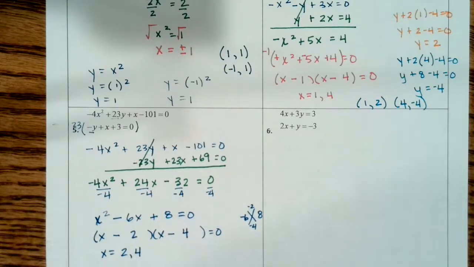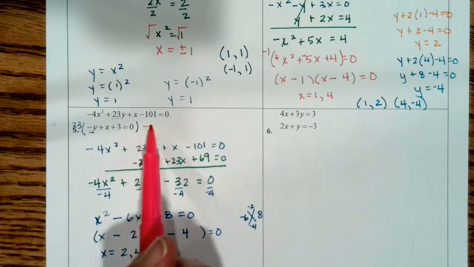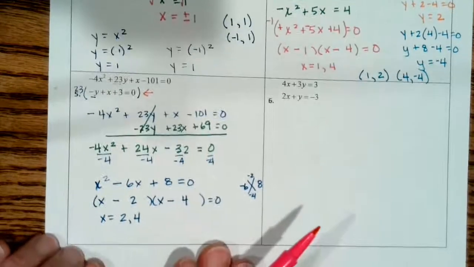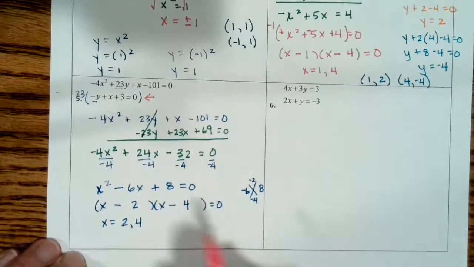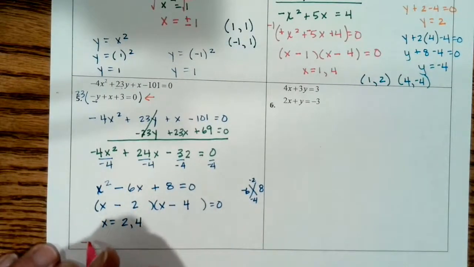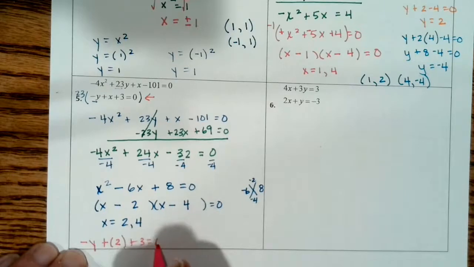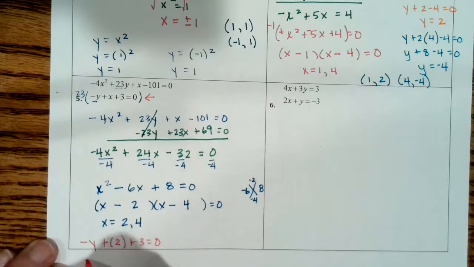When I substitute back in, I think I'll choose this equation. That seems the easiest. So I'll go ahead and put in negative y plus 2 plus 3 is equal to 0. Negative y plus 5 is equal to 0. 5 is equal to y.